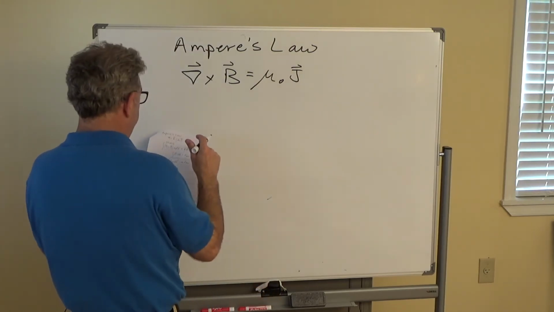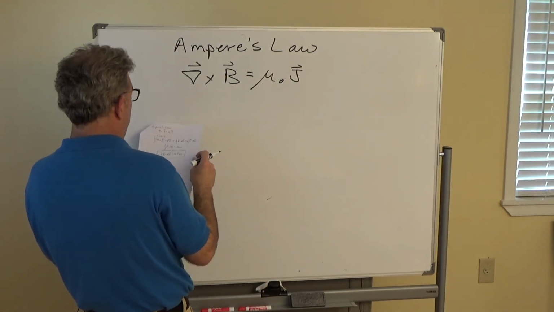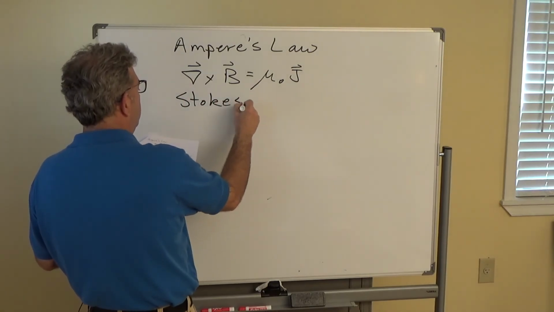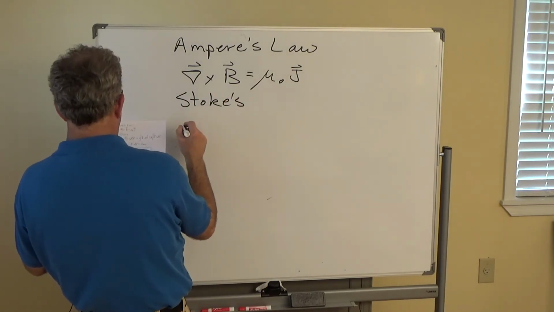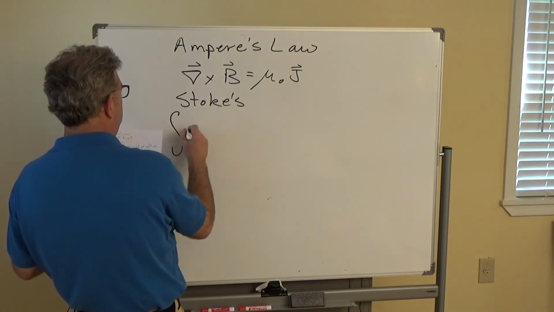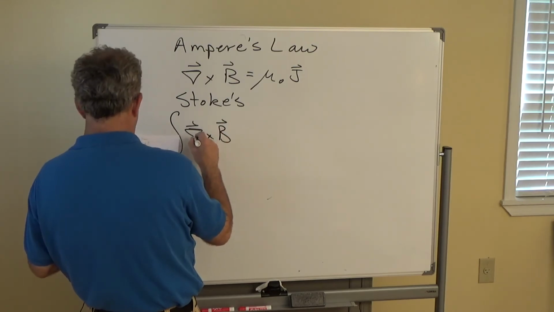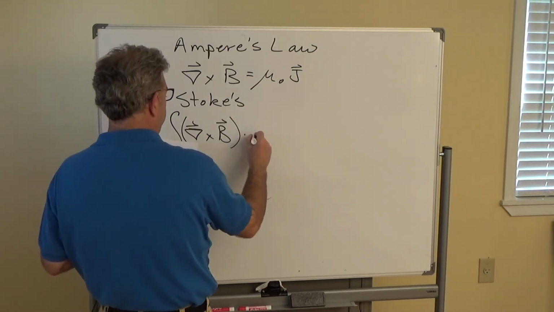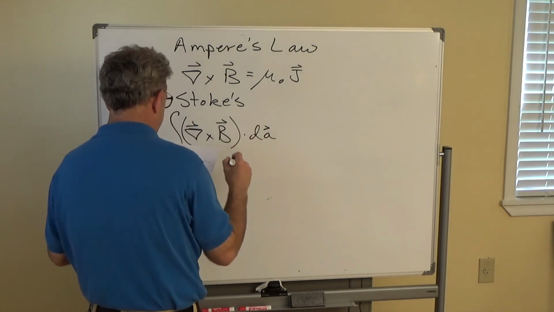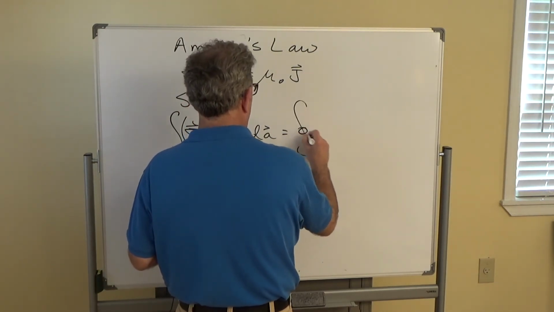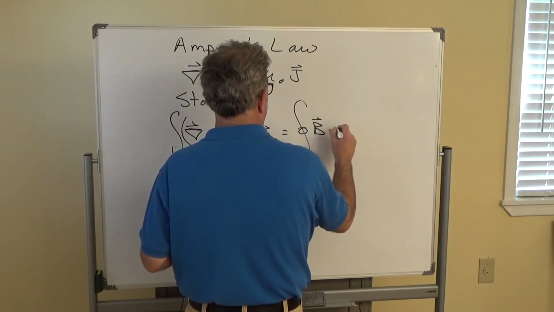By Stokes' theorem, we saw this before, we have that the integral of the curl of B dotted with dA is equal to the integral around the loop of B dot dx.